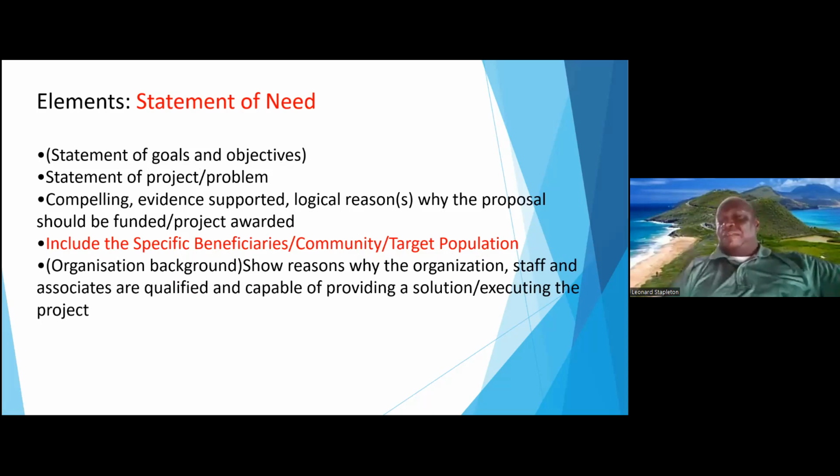This is where you give the little bio on the different people. Sometimes the project you're doing is of a technical nature, and the persons within your organization may not be the ones qualified to do it. This is where you may have to collaborate with different people, and maybe get in writing from them that they're going to be assisting.